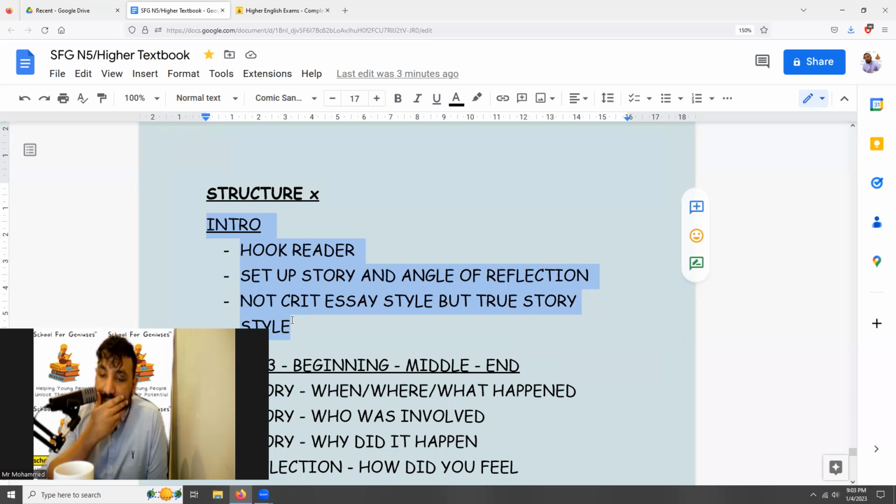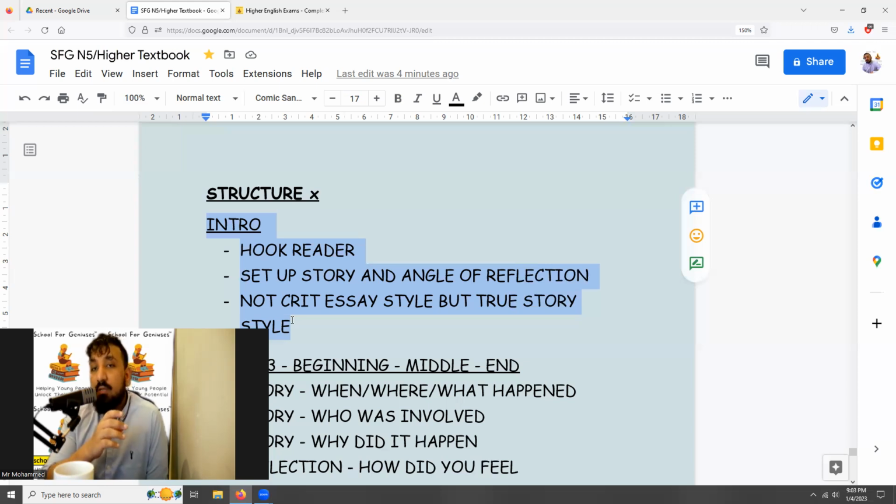The way that you could do this would be to mention something from the story that is really intense or really interesting, and don't tell all of it, just mention it, and so the reader will want to know more. So what you need in the intro is some sort of hook, okay?